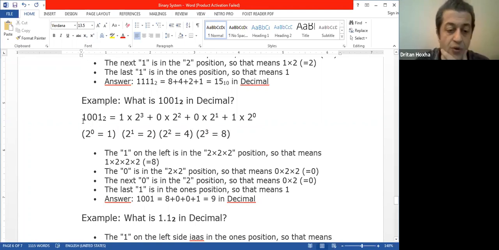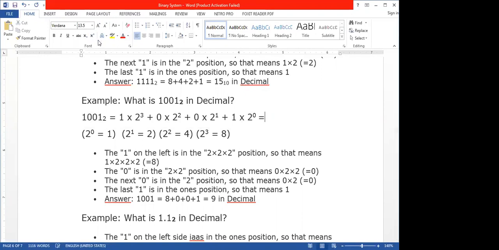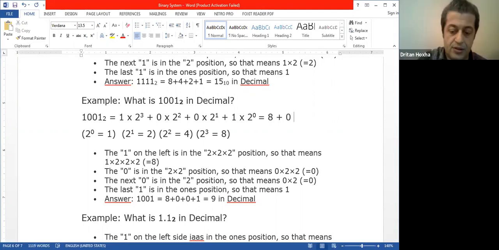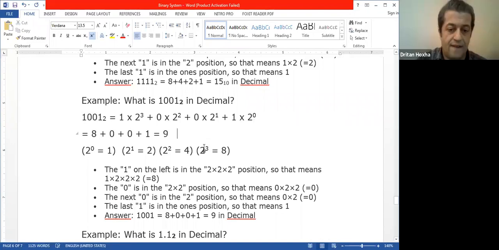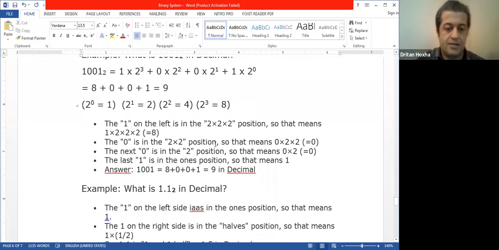That's why we can write this number in this way to understand better. So we have 8 plus 0 plus 0 plus 1, or 9. The result is 9. Do you understand? Yes.